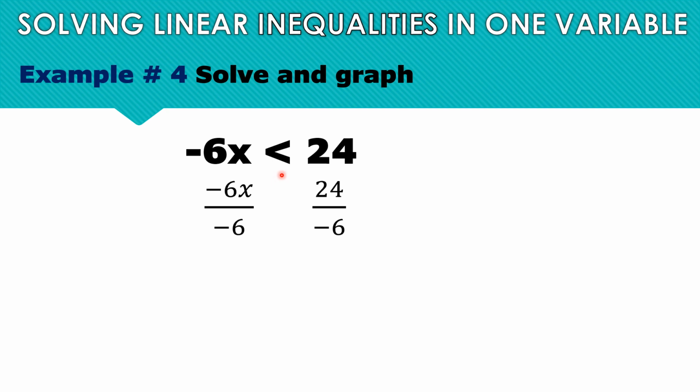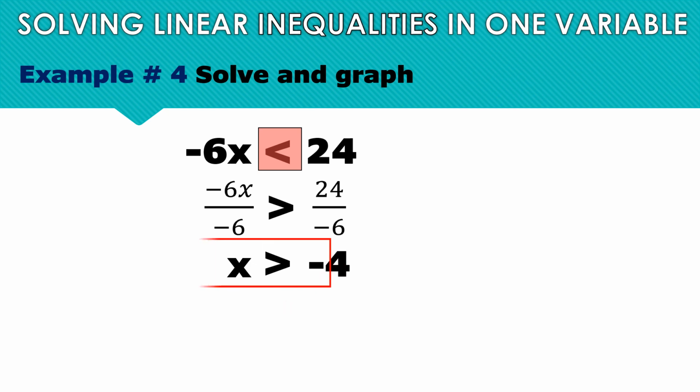So from is less than, we now have is greater than to maintain a true statement. So we now have negative 6x over negative 6, which is x, is greater than 24 divided by negative 6. We have negative 4. So x is greater than negative 4.